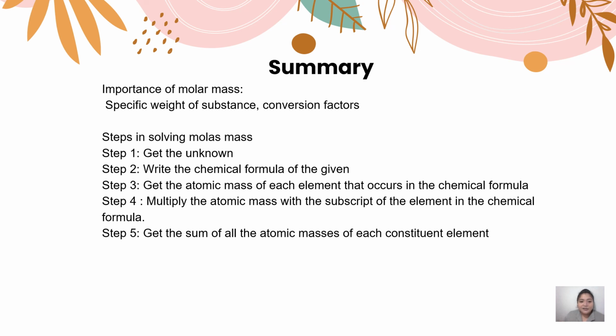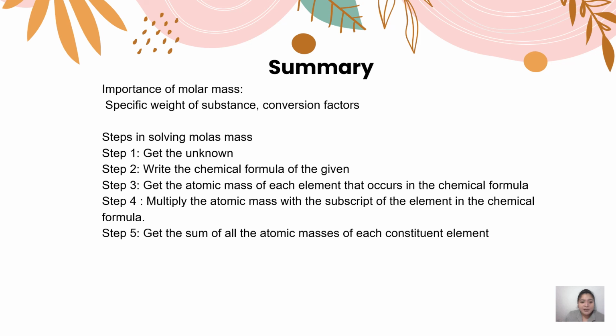So, here are again the following steps. Of course, the first thing that we're going to do is to determine the unknown, because there are certain chemical calculations that you need to compute. So, the first thing that you are going to do is identify which among them is needed in the problem. And then the second one is to never forget the chemical formula of your substances, of your element, because that is important in chemistry.